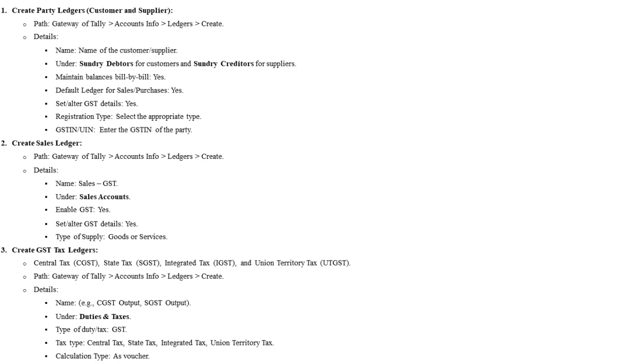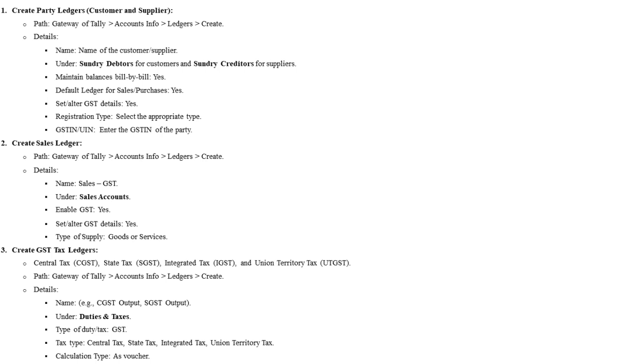Under: Sundry Debtors for customers and Sundry Creditors for suppliers. Maintain balances bill by bill: yes. Default ledger for sales, purchases: yes. Set/alter GST details: yes. Registration type: select the appropriate type. GSTIN/UIN: enter the GSTIN of the party.